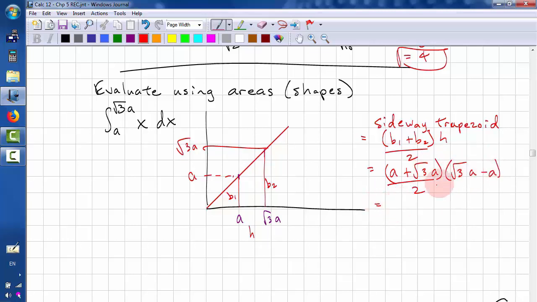This is a difference of squares, so we only have to do outer and inner. So inner gives us 3a squared. Outer gives us minus a squared over 2. This is 2a squared over 2, and that's just a squared.